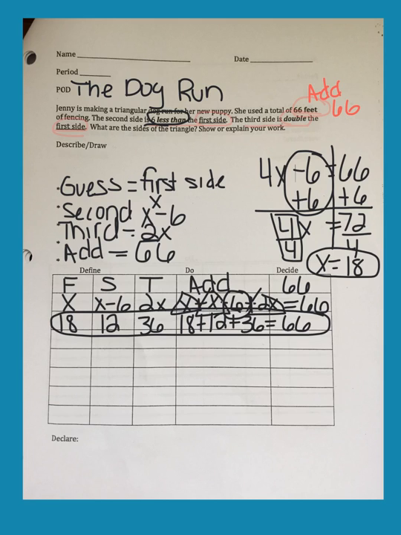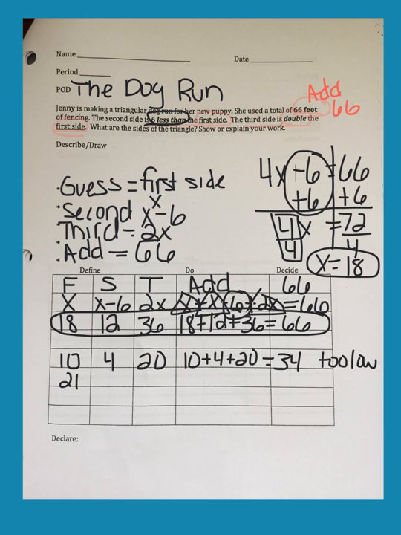Now, if I wanted to do a guess and check, I could always start with my nice round number of 10. 10 minus 6 is 4, and 2 times 10 is 20. And then 10 plus 4 plus 20, that would equal 34, and that's too low.